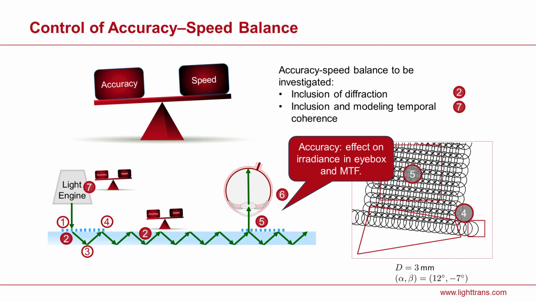So that's the next step, to determine the influence of the approaches we're on the fence about regarding diffraction and temporal coherence on these two performance measures, uniformity in the eye box and PSF-MTF.